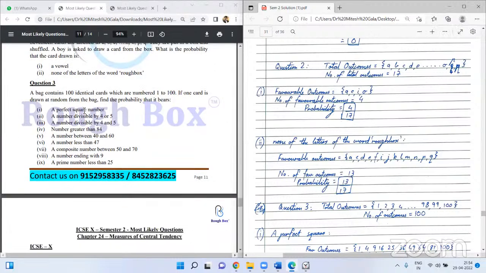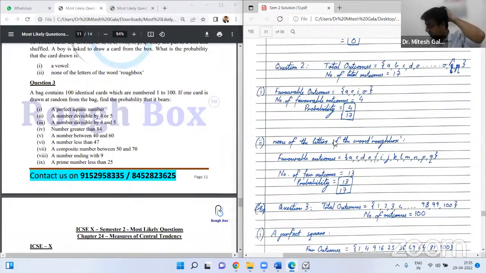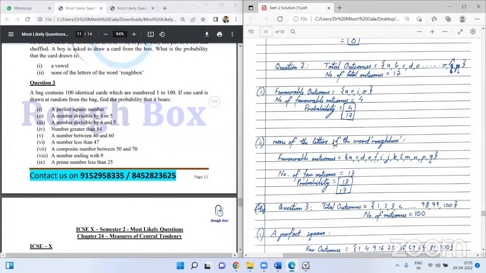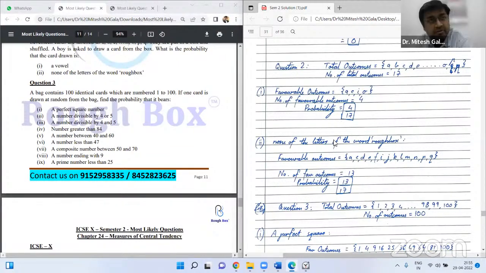Okay. Chalo, question 3. Excuse me, sir. Say. Sir, if this is the question only, the letters from the word rough box, so sir, we will take 4 as the favorable outcomes or 5. I didn't get your question. So the question is none of the letters of the word rough box. If the question is complementary to the event, letter from the word rough box, you will consider only once, not twice, because in your sample space there is only one O. Okay, sir.